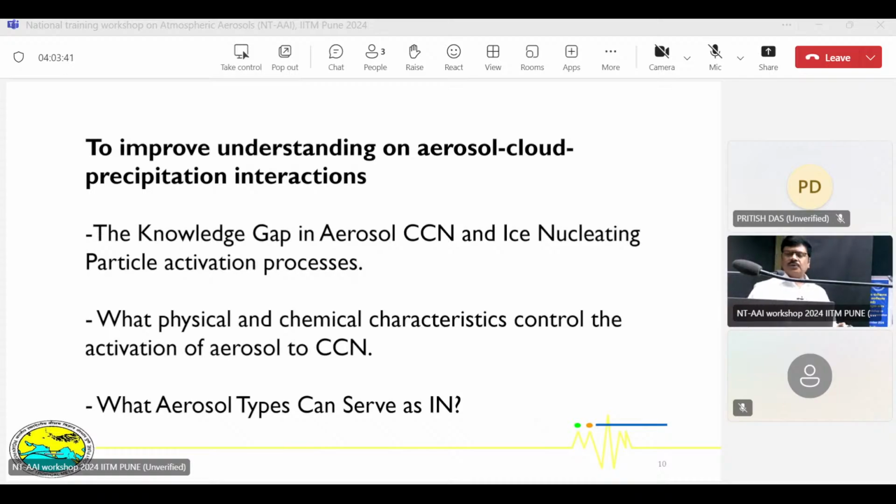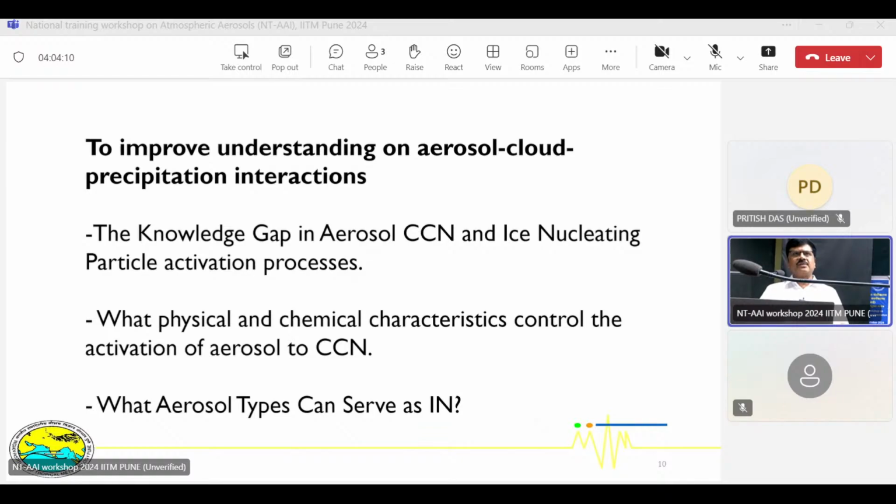So to improve our understanding of aerosol, cloud and precipitation interactions, we need to enhance our knowledge of aerosol CCN and ice nucleating particle activation processes. I may sometimes say INP and CCN, so make sure you understand INP is ice nucleating particle, and what physical and chemical characteristics control the activation of aerosol to CCN.